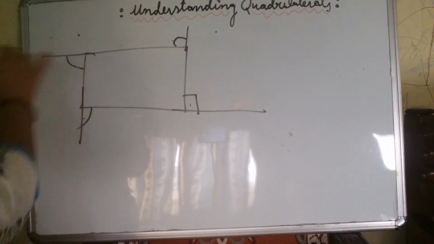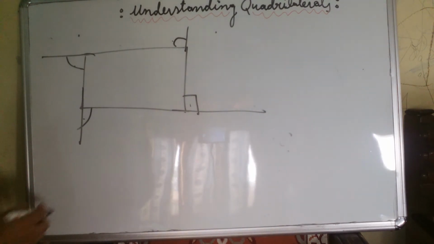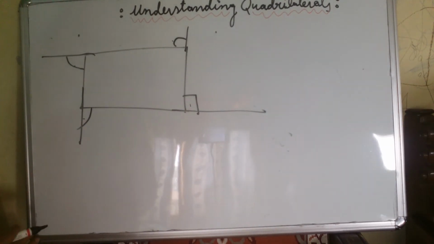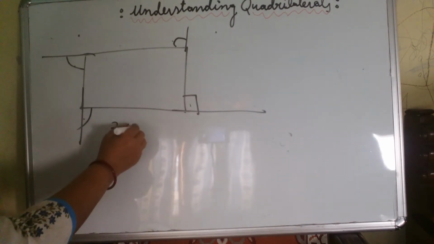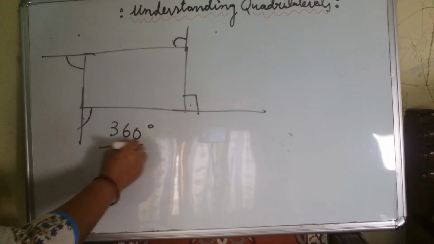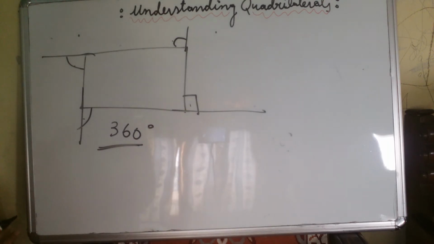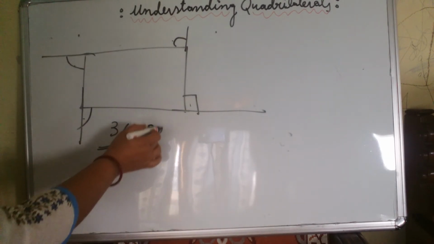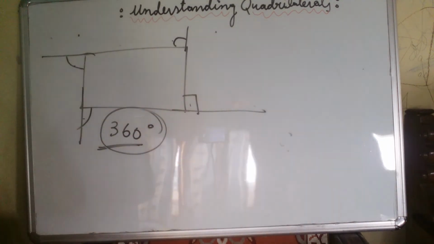These are exterior angles. So the sum of all the exterior angles of a polygon is 360 degrees, irrespective of the number of sides that polygon is having. The sum of all exterior angles will be 360 degrees only.